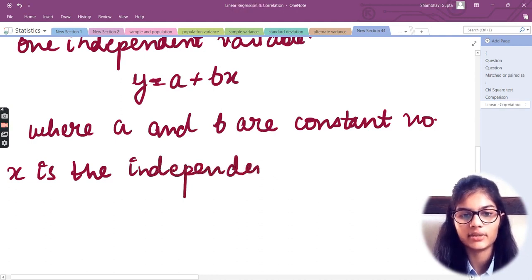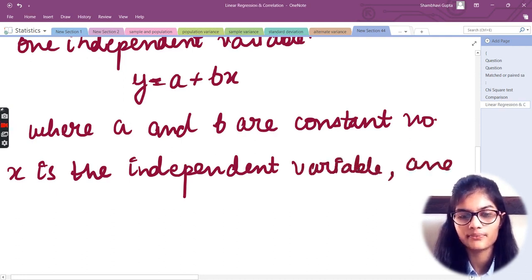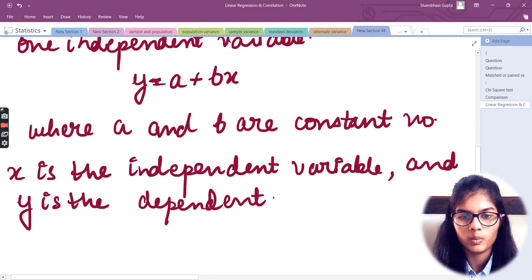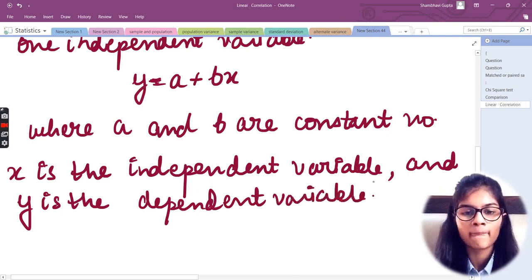Now, I could mention here that x is the independent variable and y is the dependent variable, right?